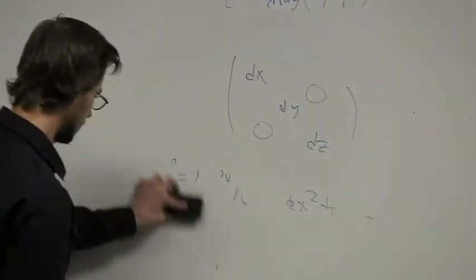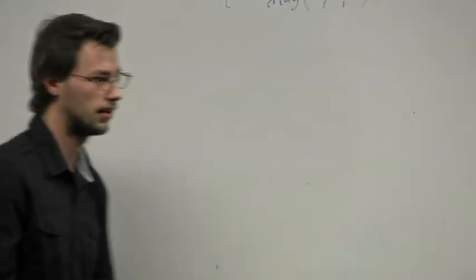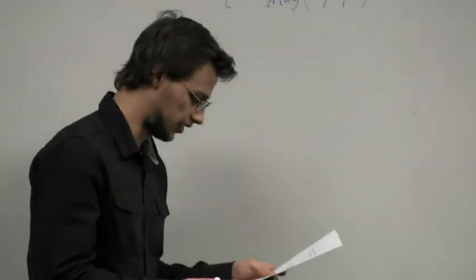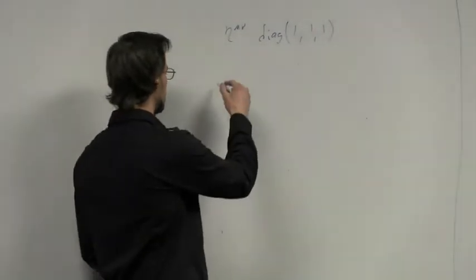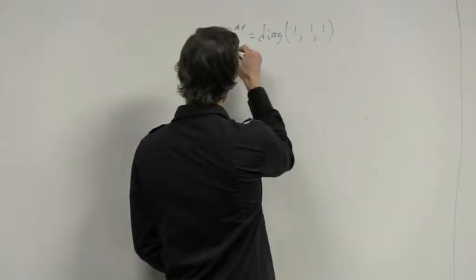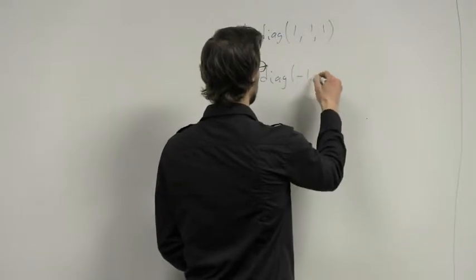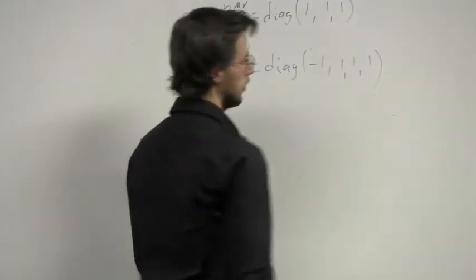Alright, so anyway. It's a quadratic form, so you really need squared. It doesn't really matter. And so, when you go to the Minkowski metric, for reasons that you'll see later, you get eta mu nu equals diagonal of minus 1, 1, 1, 1.